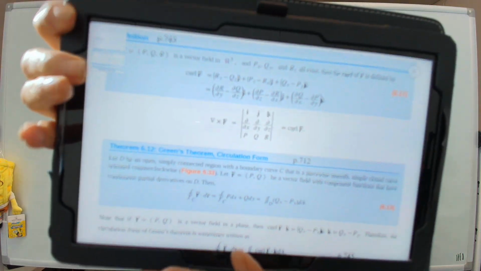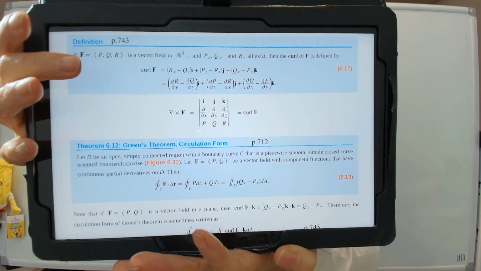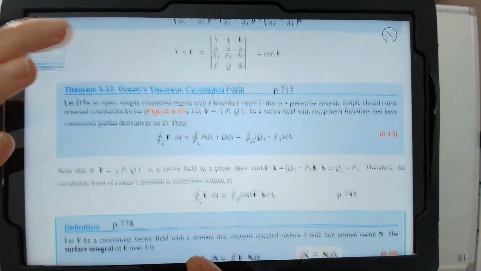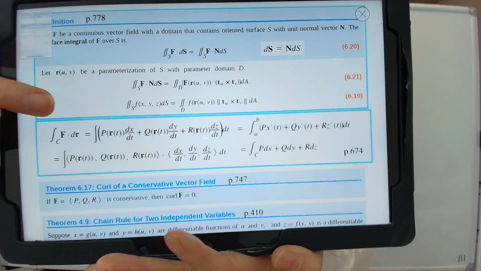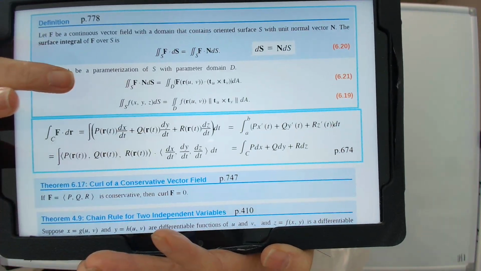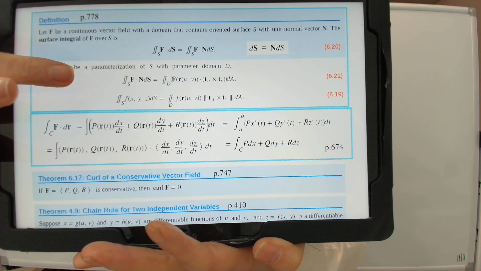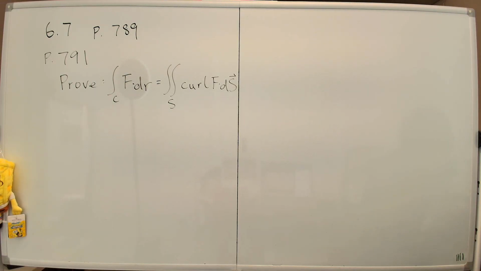That is, curl F is defined by this pile of stuff, okay? P, R, something. And then the surface integral is defined as dotting with the tangents, which is something we did, I think, in the previous section. All right, so that's where I got this thing.